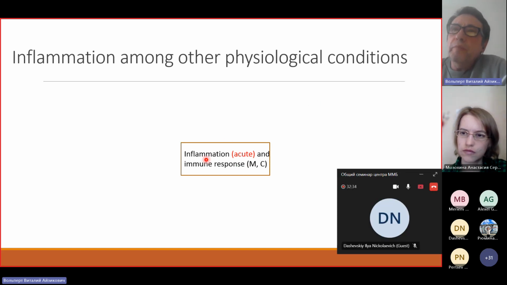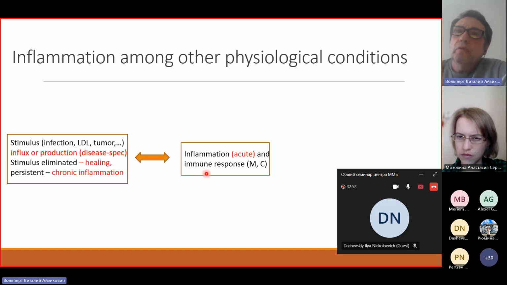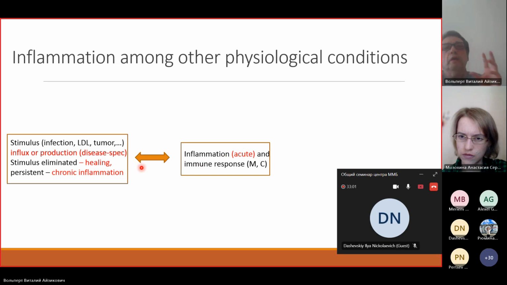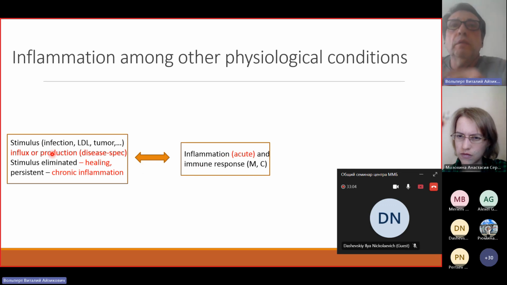So we consider this inflammation as a part of the immune response, and from this point of view, we can consider acute inflammation because, for example, viral infection or injury or other situations initiate inflammation, and it is often acute inflammation directed, together with the immune response, to eliminate the origin of this inflammation. I call it the stimulus, not I, but usually it's called stimuli.